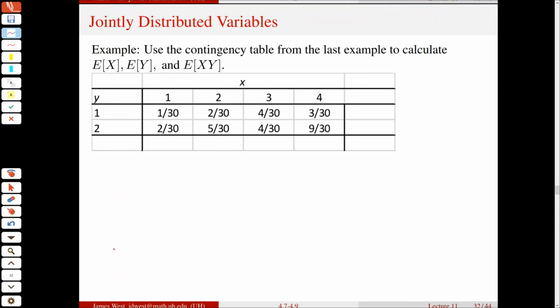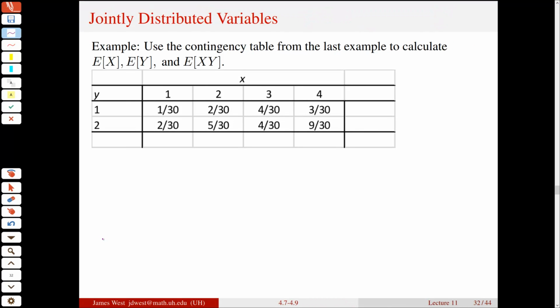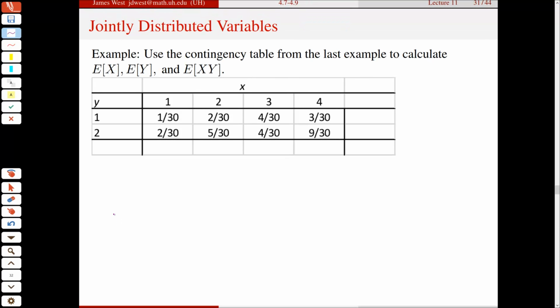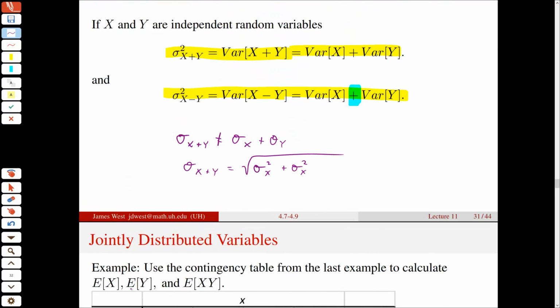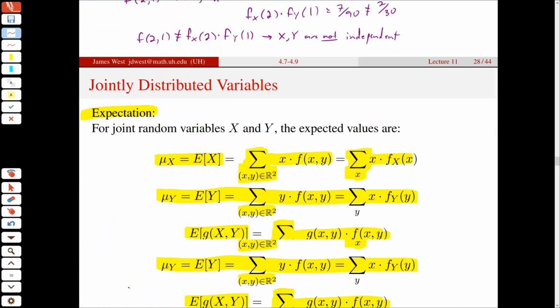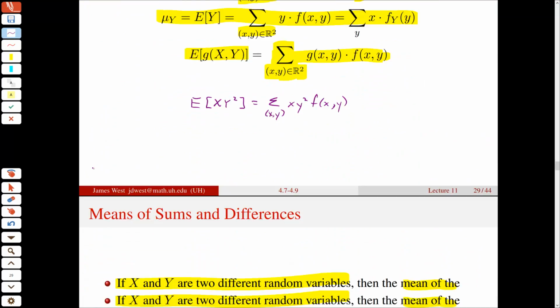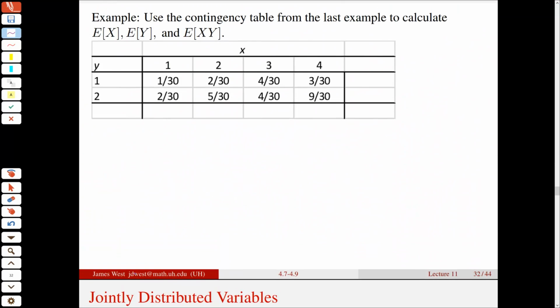So now let's calculate the expected value of x, the expected value of y, and the expected value of x times y. So it's the same as the last example. We had marginals 1/3, 2/3, one-tenth, 7/30ths, 4/15ths, and 6/15ths.